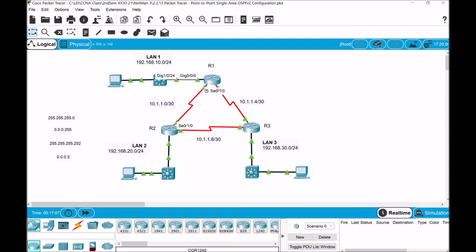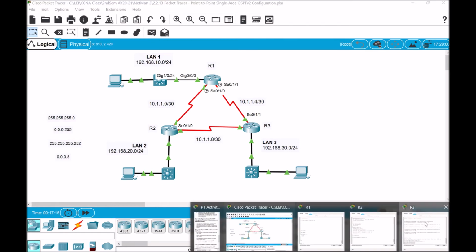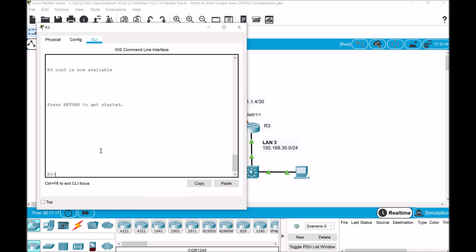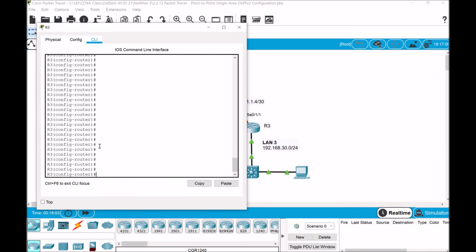And the last one is serial 0/1/1. Alright, so that would be what we'll be using for R3. Alright, so enable. Okay.